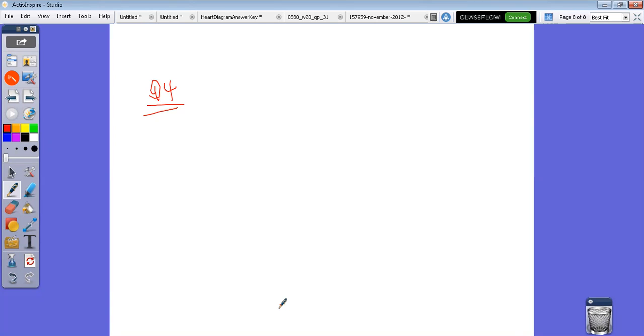Let's calculate. Sorry, let's go back to the question. When the question says how much water, in brackets, they want the mass. We want the mass of the water. In physics, they have to be clear about how much water they're talking about.